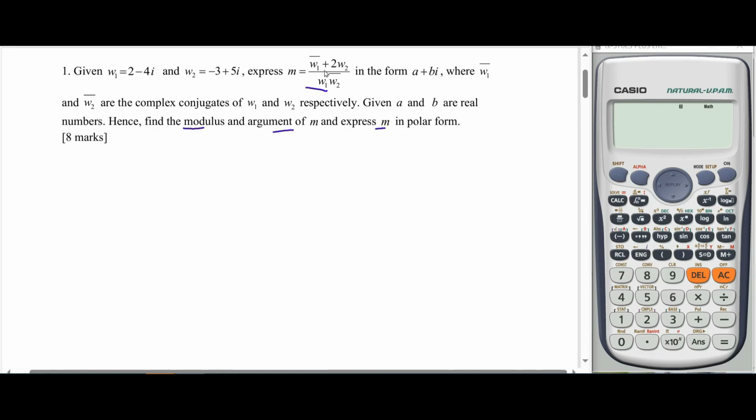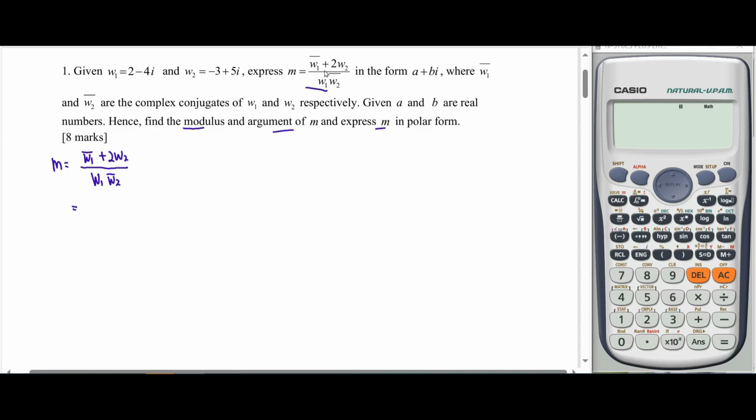So firstly, m is equal to the conjugate of complex number 1 plus 2 times the second complex number, over the first complex number 1. Then this is the second complex number conjugate. So we substitute here the complex number conjugate.